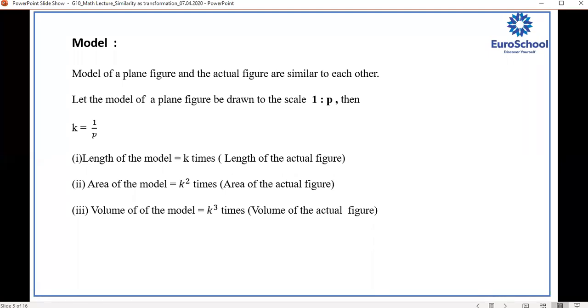But in most of the cases we are dealing with here, models are smaller than the actual figure. Sometimes if we have to show a small thing in detail, we make a bigger model. In that case, the scale factor will be different. This time we are talking about the ones which are reduced.